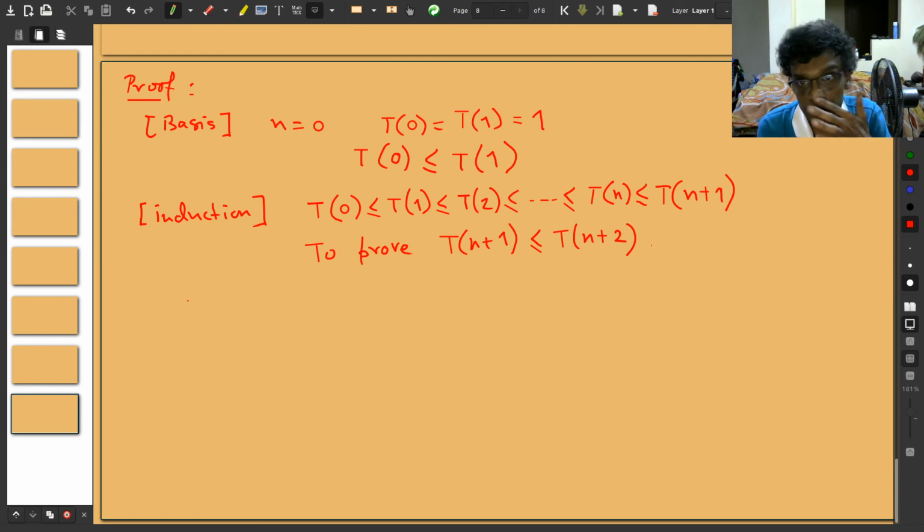So there are two things. I will consider two cases. N is even. And the second case I will assume is that n is odd. So if n is even, I can write n equal to 2k.